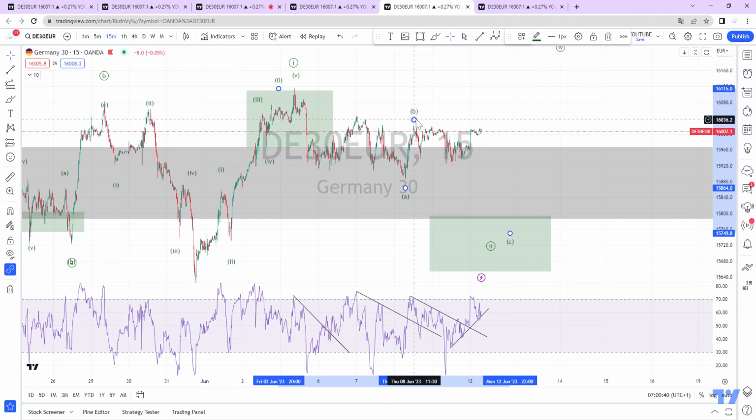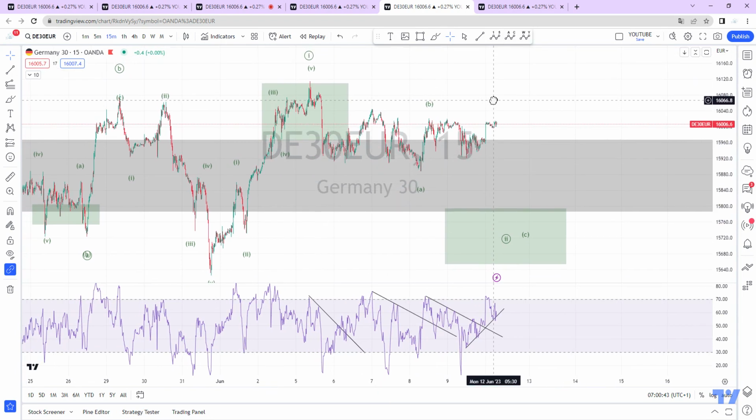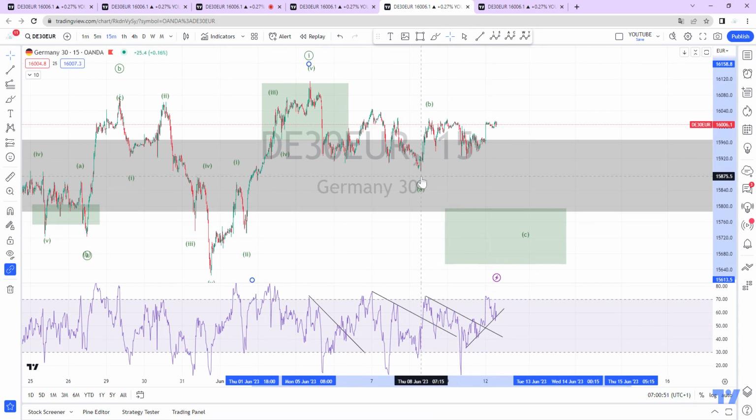However, the problem is it could be that our wave 2 is in here, and that we start to move up from here, and then of course we missed the trade. So you could actually enter here for a long if you believe that the wave 2 low was in here, but this is not the way I trade. Then you are entering somewhere in between.